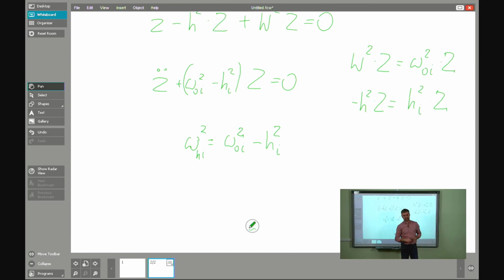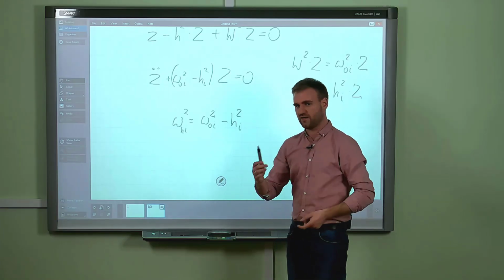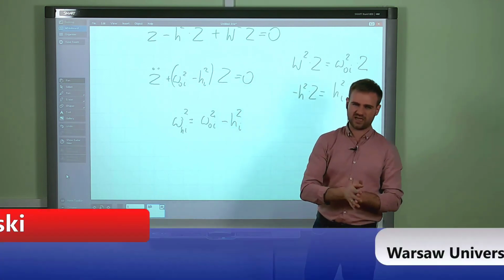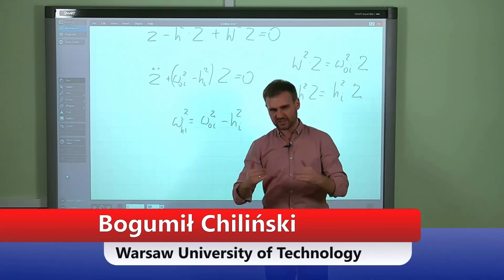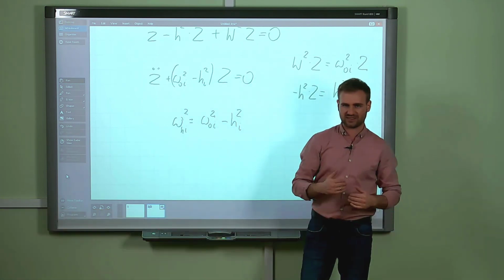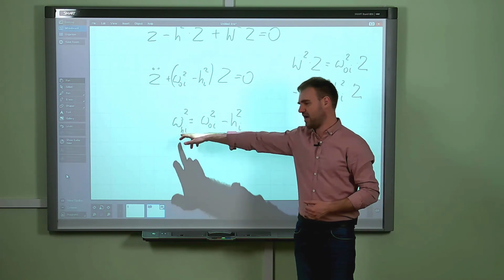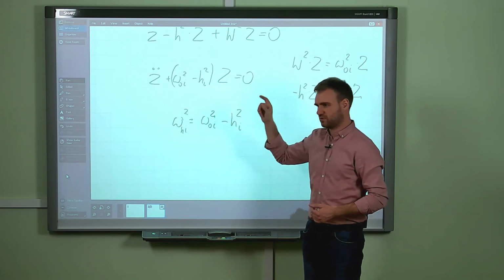Exactly like it was in the case of the single degree of freedom system, but this time we don't have one value, we have the sequence of the values. It means that if we are talking about the proportional damping, the equations are exactly the same and the effects are exactly the same. We have to only deal with the sequence of the damped frequencies and damped coefficients.